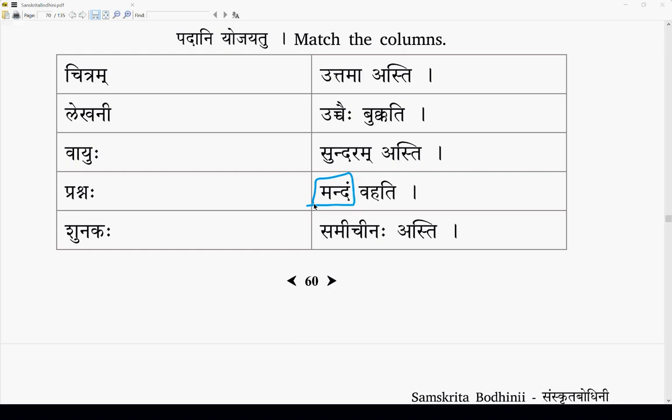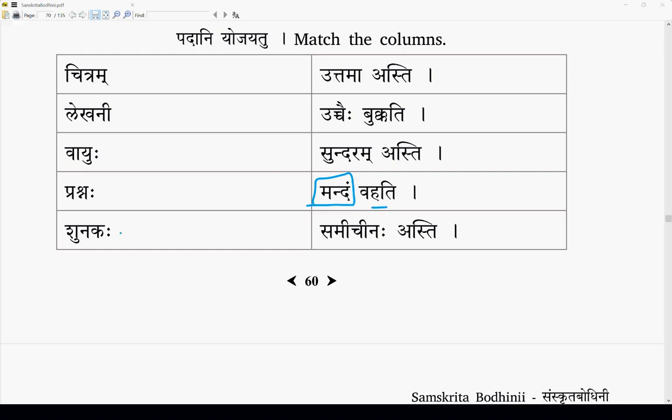One can say it as napunsaka lingam, but it doesn't matter. When we say it is avyayam, it is immaterial whether it is pullinga, strilinga, napunsaka lingam, it is avyayam. Okay. What was your question? Yes, Mahodaya. Now I understand, kind of. So this mandam is describing vahati, not vayu.